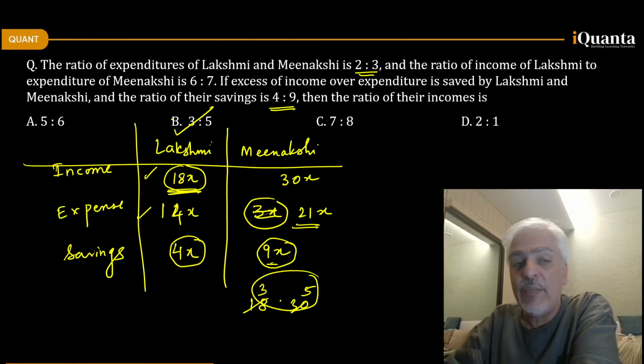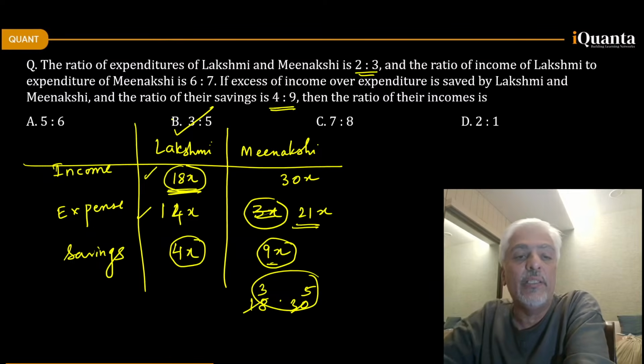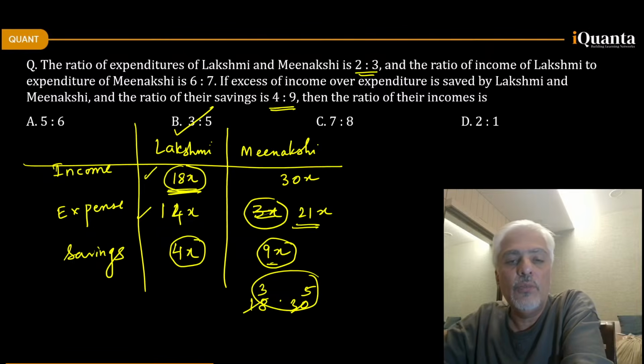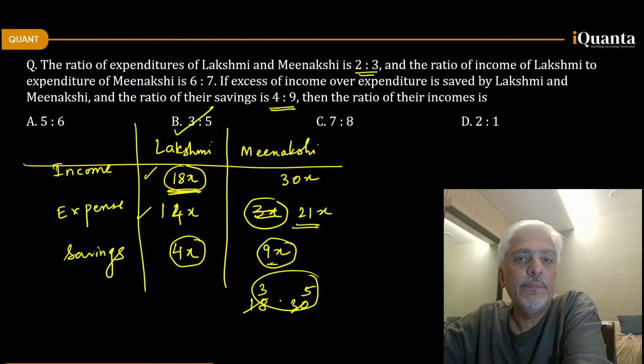Let me know in the chat whether anybody did exactly this method. Only one variable and exactly the way I've done. No fractions. I'm waiting for people to let me know. Did anybody do exactly this method? In fact, even without x, better. If you didn't use x, it is still better.